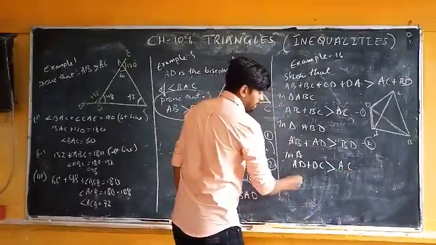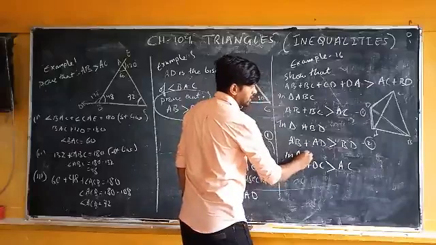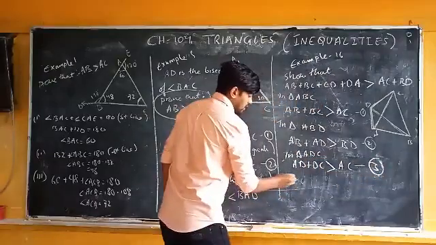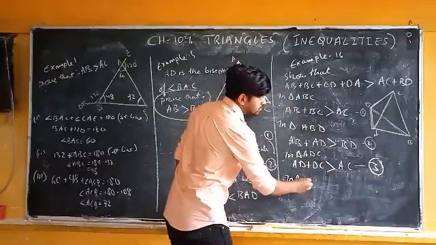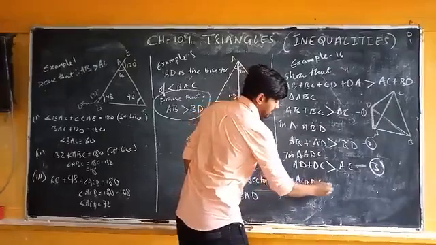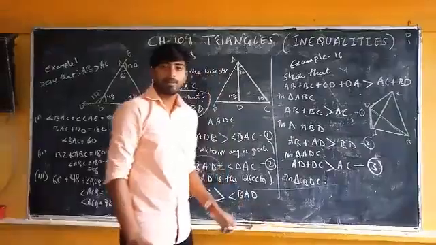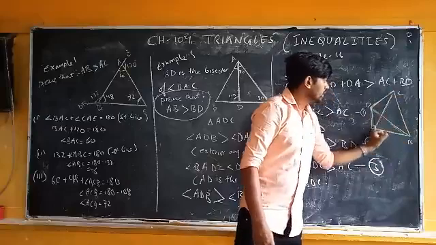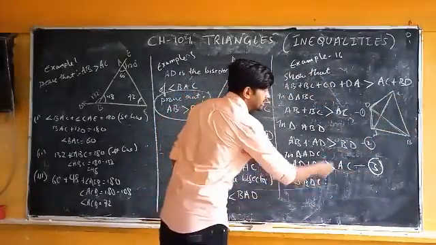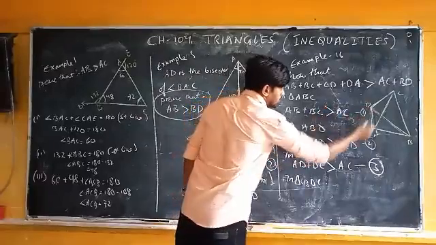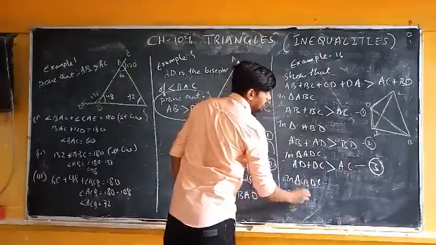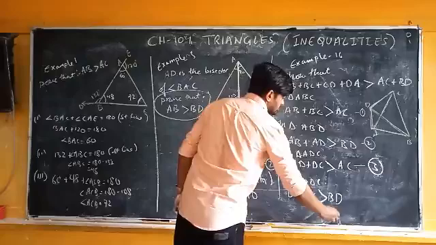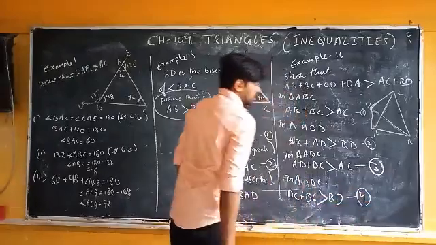And then in triangle ABC, and then this is the third equation. And then in triangle BDC, four triangles are formed here. I took all four triangles: first this, then this, then this one, and then this one. In triangle BDC, what will I write, DC plus BC is greater than BD. This is the fourth equation.